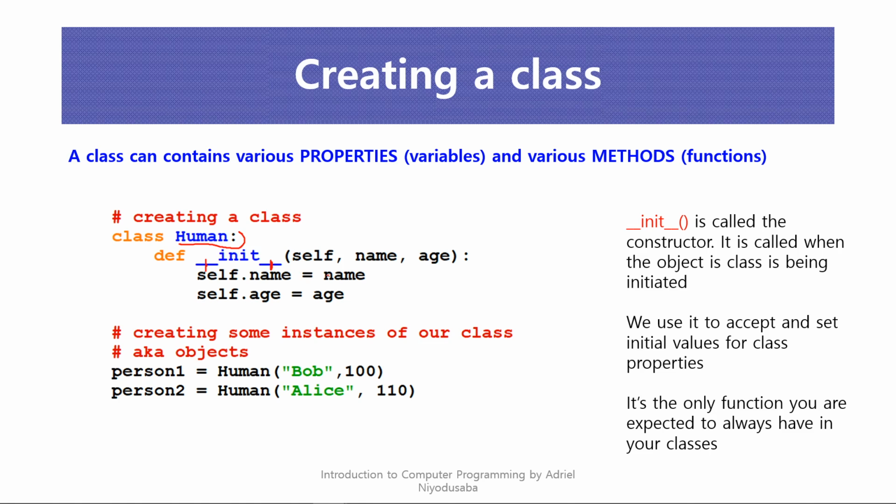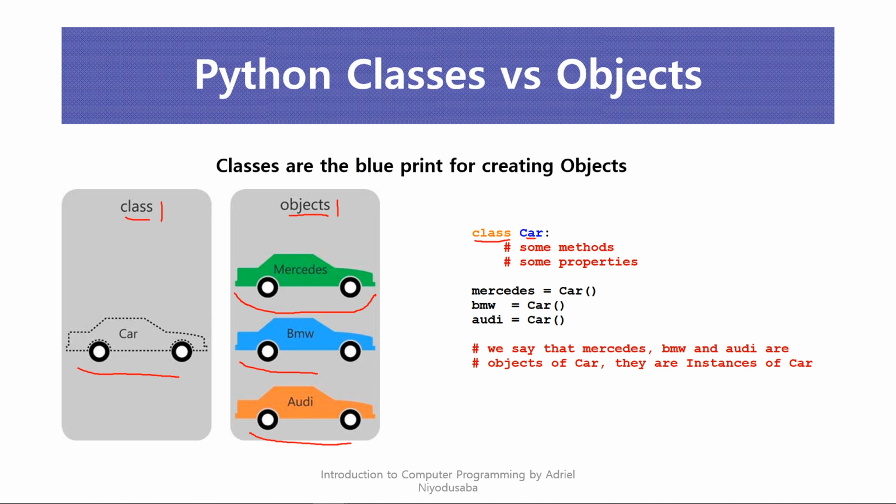So another new thing you need to be familiar with is that a class can contain properties, which are really variables, and methods. If I was creating that car, which we saw here, the properties would be like color equal to gray, number of tires equal to 4, for example, we could say has chairs, and so on.